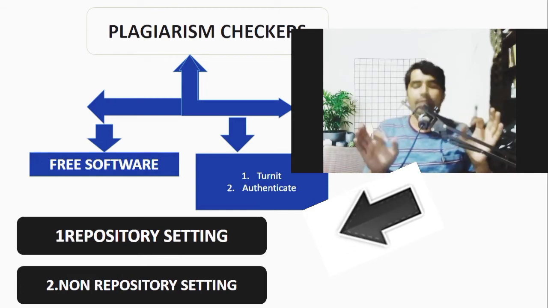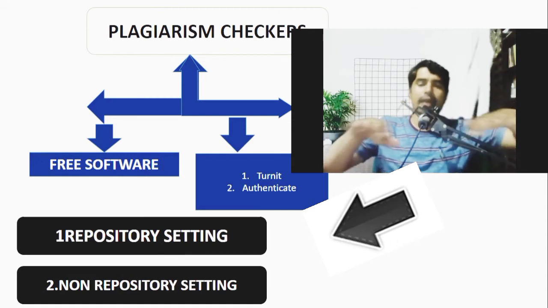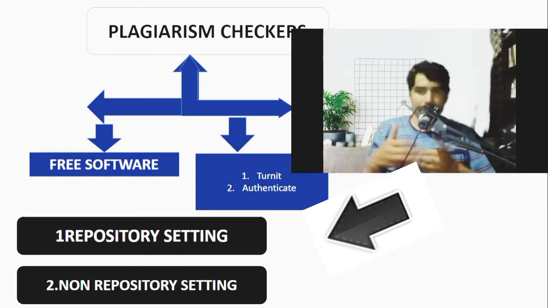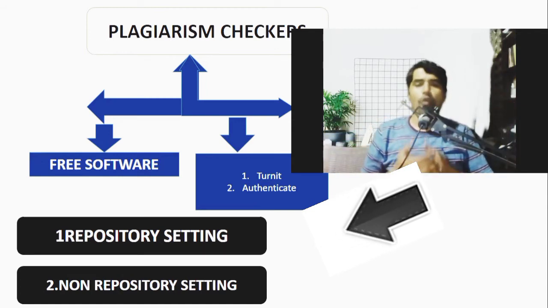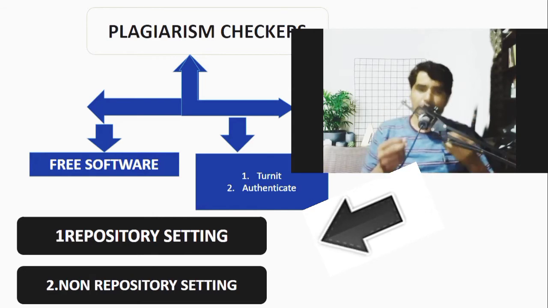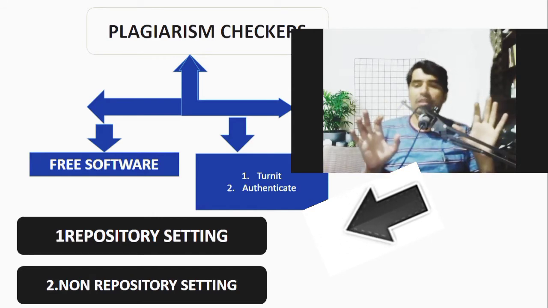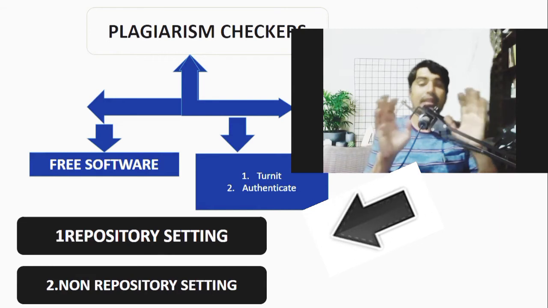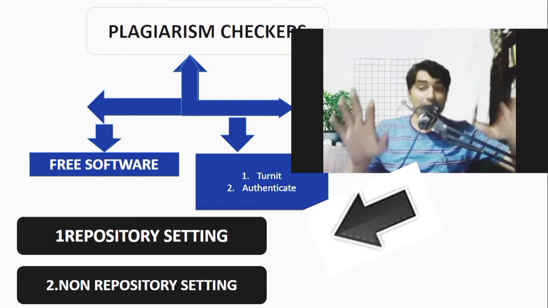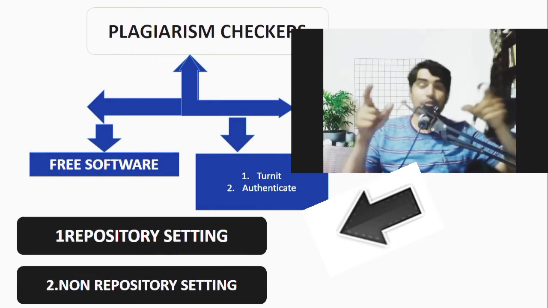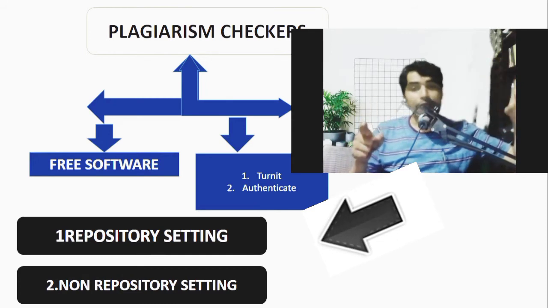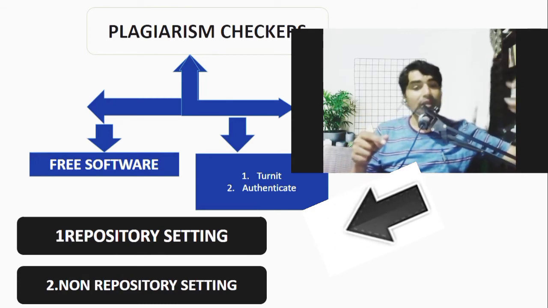I got my own articles and thesis checked, and it helps me a lot. I want to recommend that you make sure there is no repository setting. If there is a repository setting, that will be a problem for you, because your file will be stored and you will lose your file. First of all, check the software, whether it has a repository setting or is non-repository.